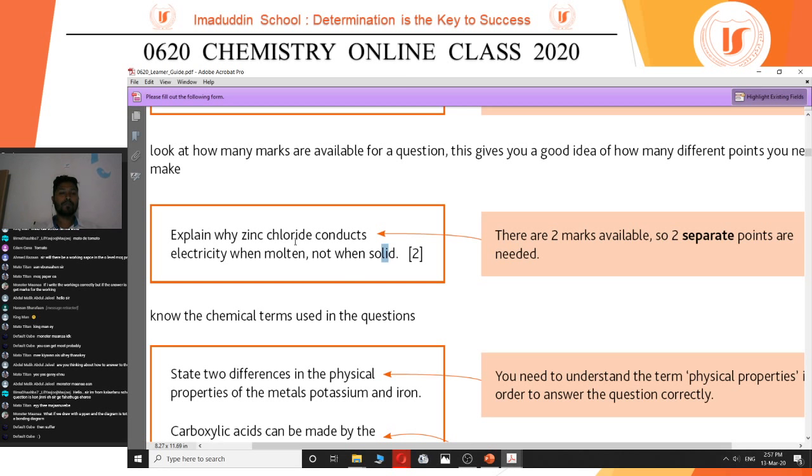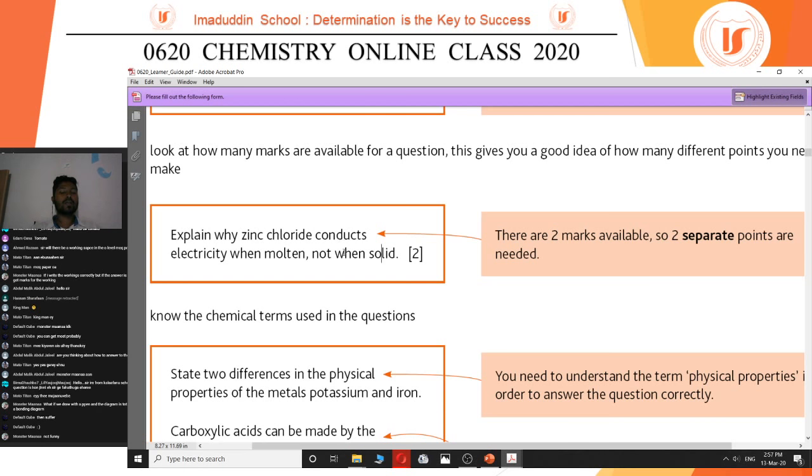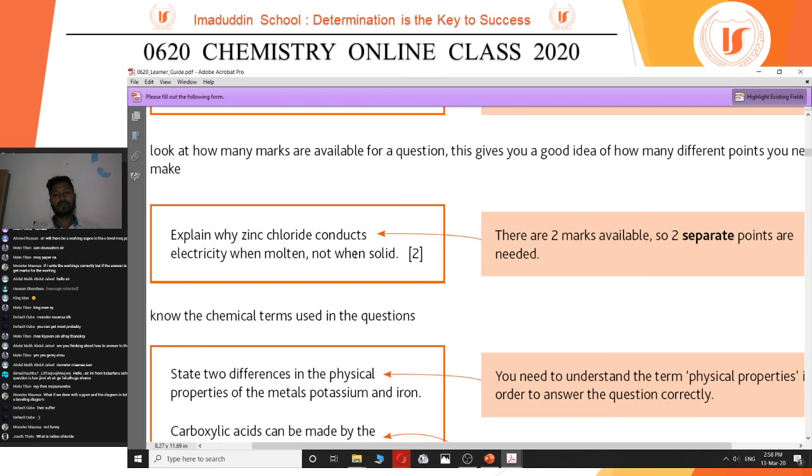So the answer will be: zinc chloride conducts electricity when molten because the ions are able to move freely. However, in solid, the ions are not able to move freely. So you are giving the concept for both solid and molten. It's very important. You have to check how many marks are allocated for the question and then answer.